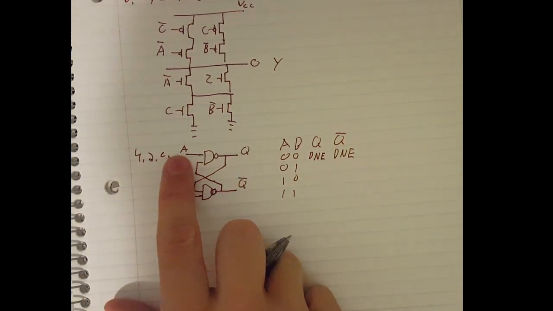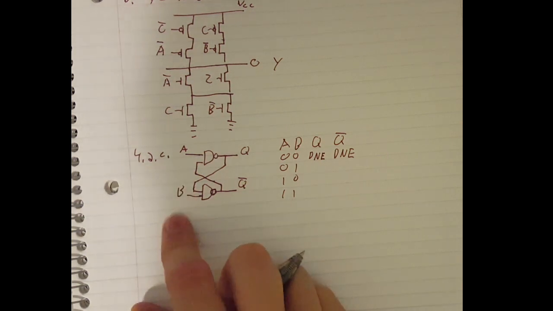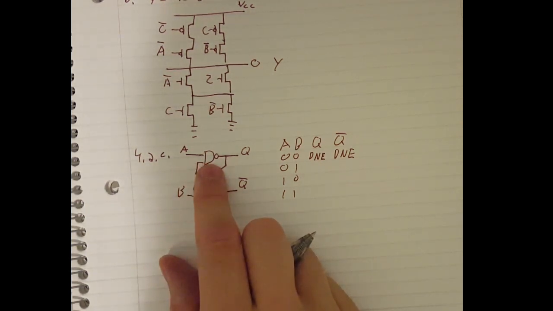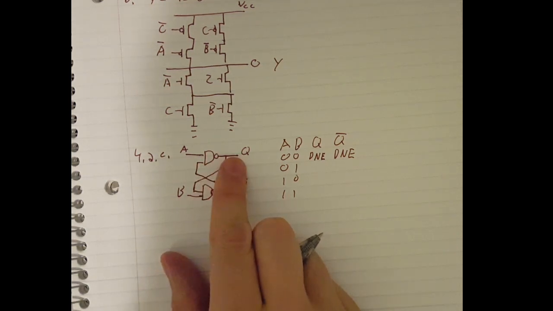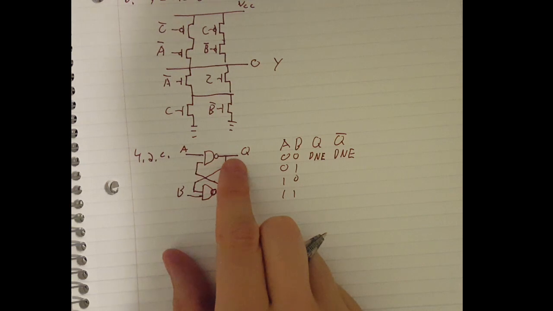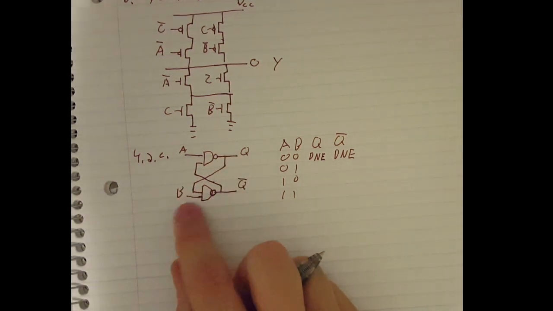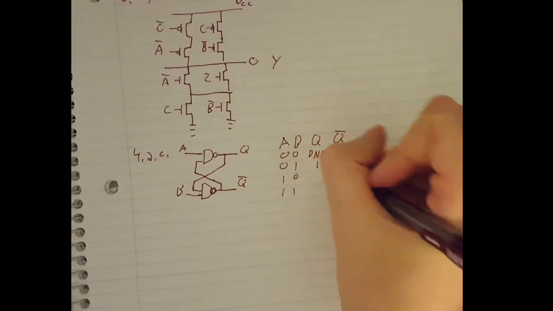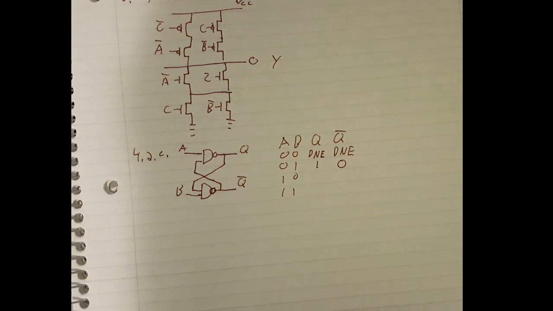If we put in A equals 0 and B equals 1, and we assume Q naught is 0, that gives us a 0 out here. Gives us a Q equal to 1. Bring that over here. B is 1, Q is 1. Q naught has to be 0. That works because those are complementary.